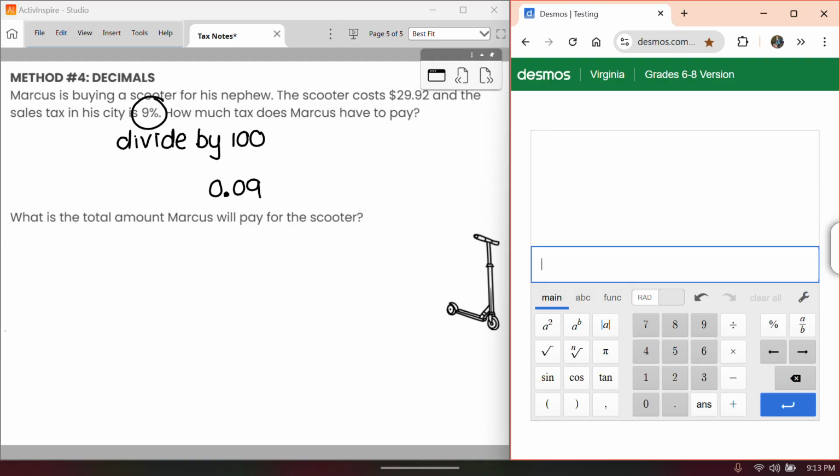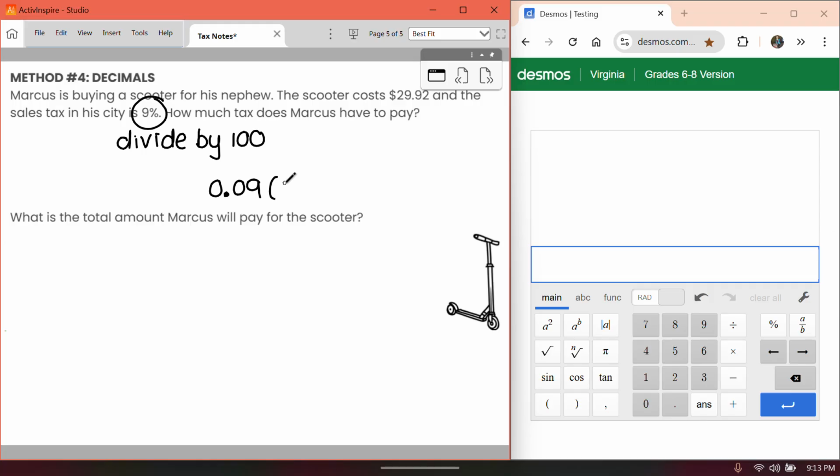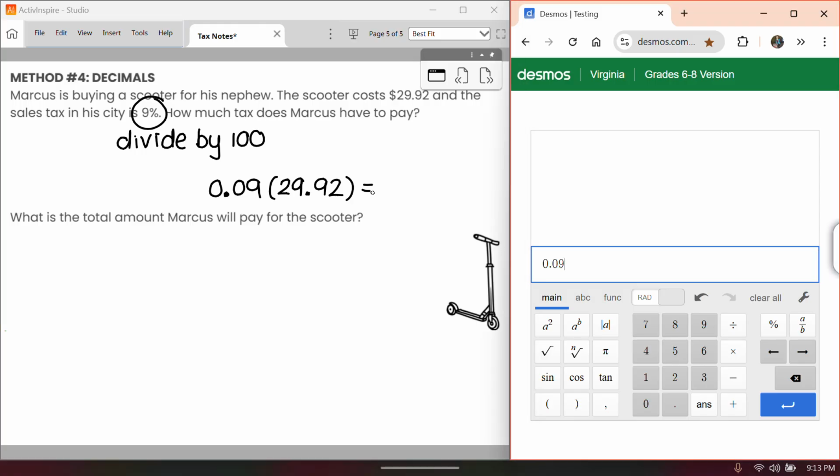And the way that I'm going to show that multiplication is with parentheses. In 8th grade, we don't really like to use the X for multiplication anymore, and I don't want to use the dot symbol because there's already so many decimals in this. I'm going to use parentheses. You can type it into Desmos however you want. You can use that dot. I just don't want to handwrite it. I'm afraid it's going to get confusing.